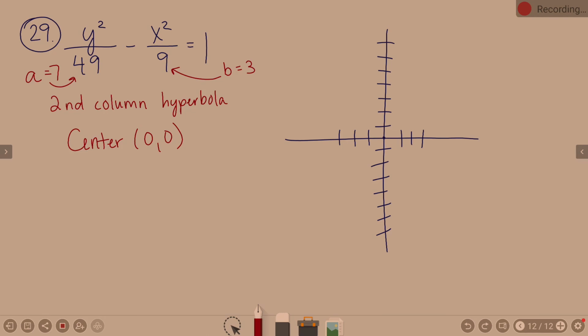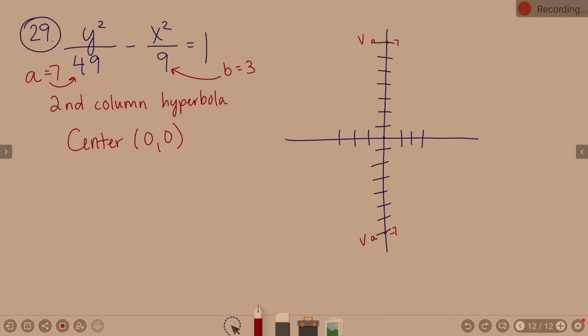So I'm going to count up 7, and I'm going to count down 7. Those are my A's. And I did up and down 7 because that was under my Y variable, okay? If those are my A's, those are also my vertices, correct? A's are vertices, C's are foci.